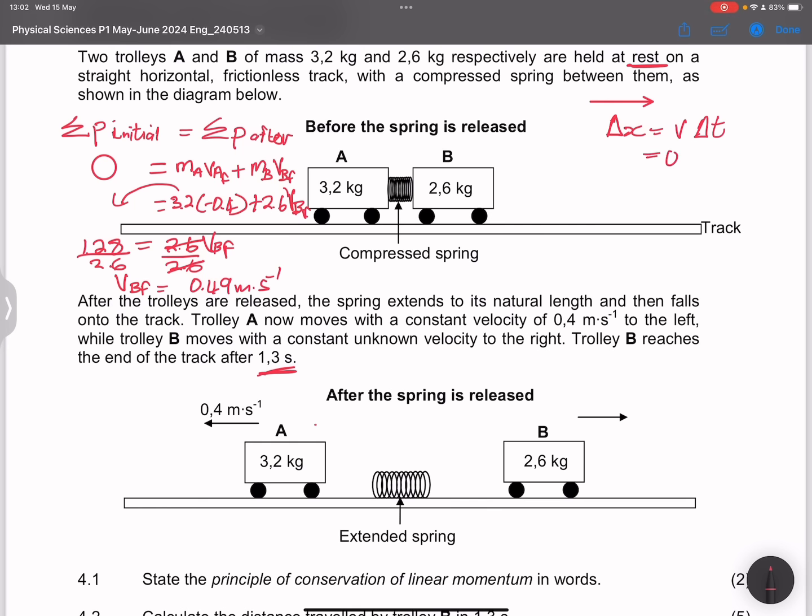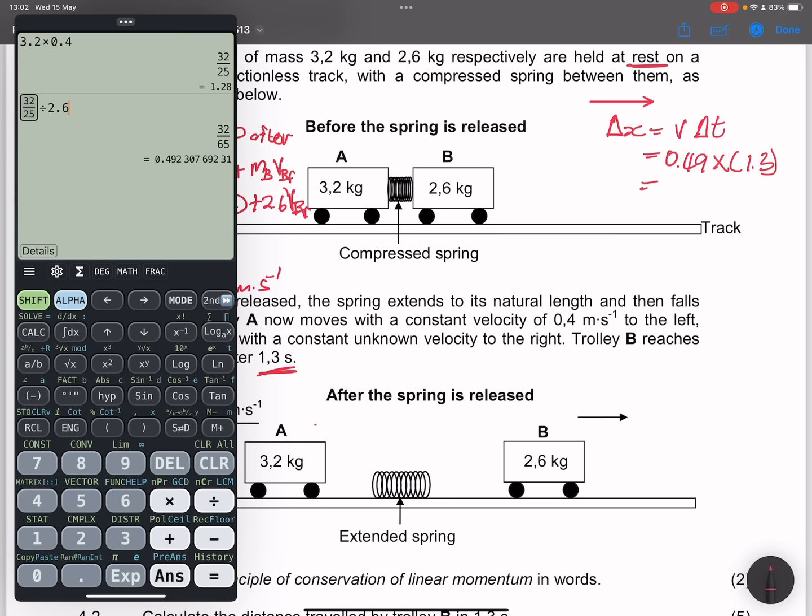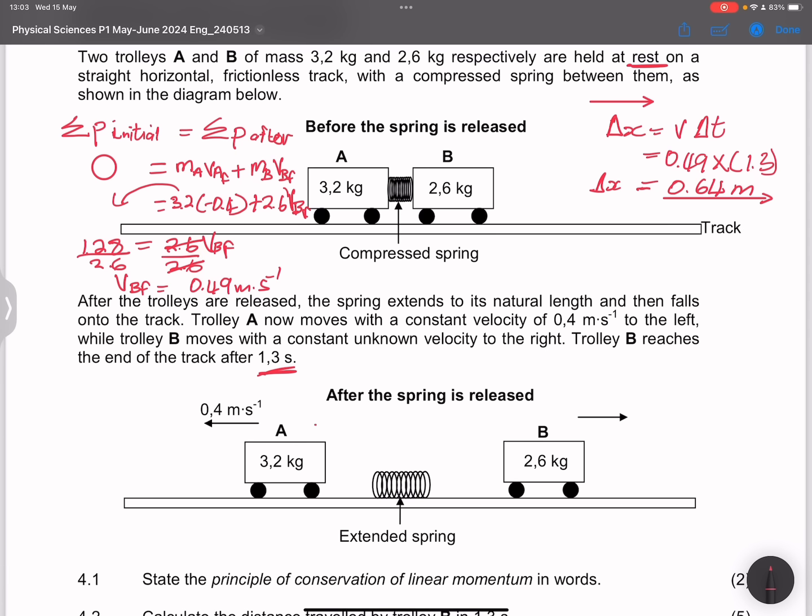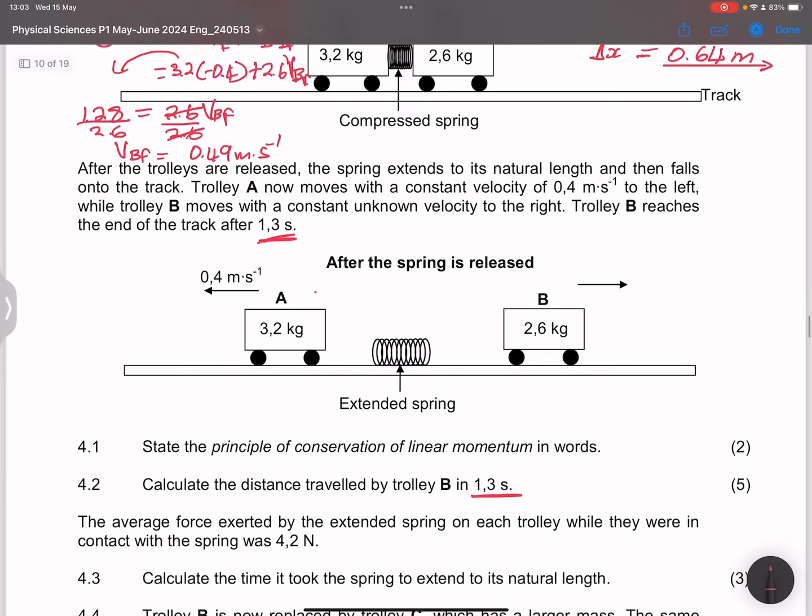My velocity is 0.49 and my time is 1.3. So 0.49 multiplied by 1.3, and we get a displacement value of 0.64 meters. That would be the distance traveled by trolley B.